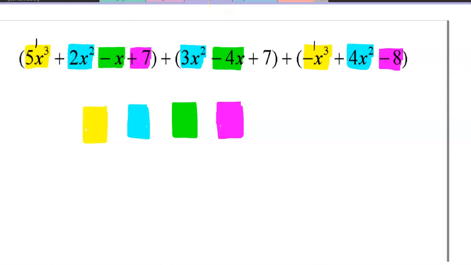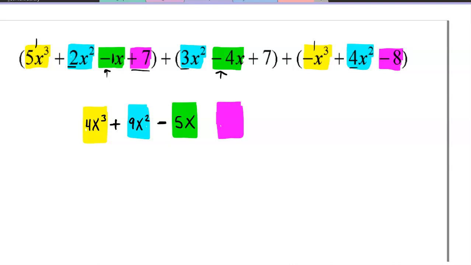So we have positive 5, negative 1. That's going to give me 4x cubed. Then I'm going to have my 2, my 3, so that's 5. And then 5 plus 4, that's going to give me 9. So 9x squared. We'll put a plus in front since the 9 is a positive number. We have a negative 1. We have a negative 4. So that's going to give me a negative 5x. So that's why I'm putting the minus there.